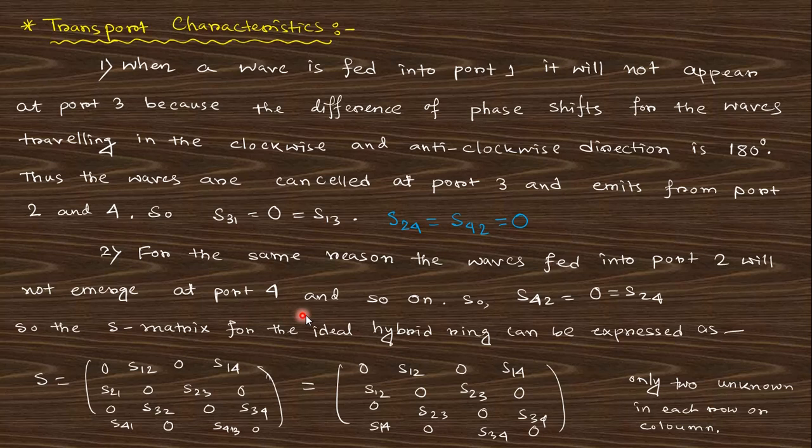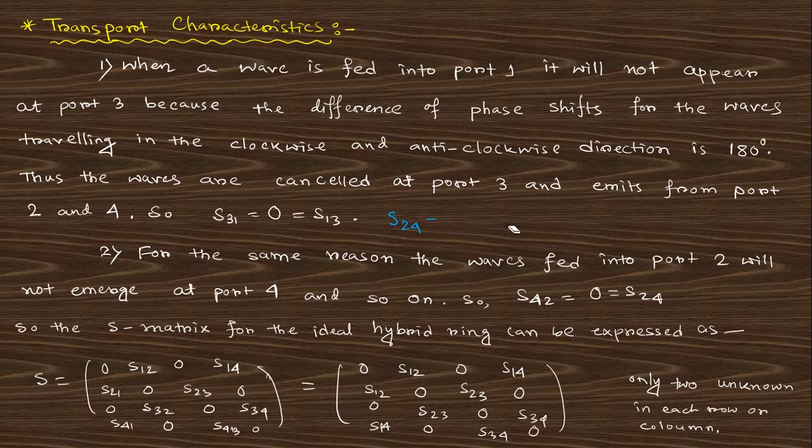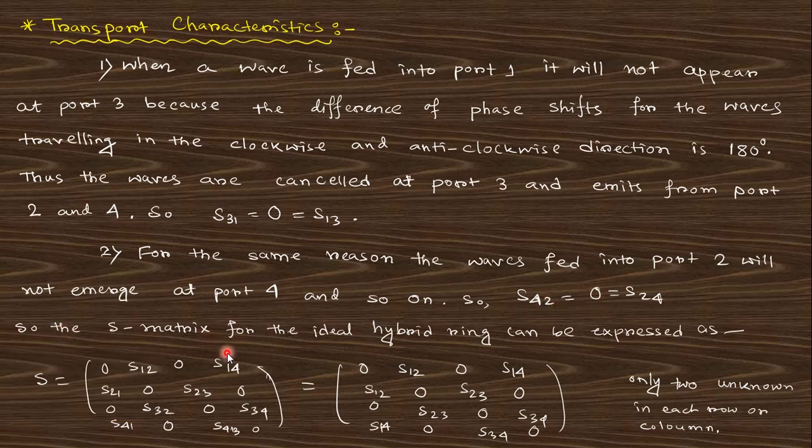So the S matrix can be written as, because S13 and S31 are 0, and S24 and S42 will be 0, and the diagonal must be 0, because you know for matching the diagonal must be 0.